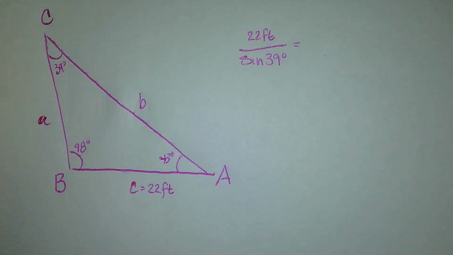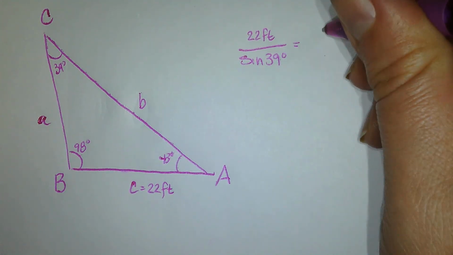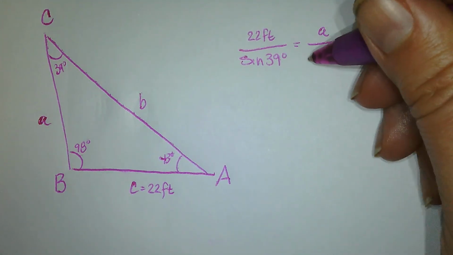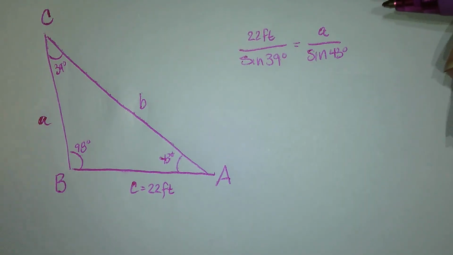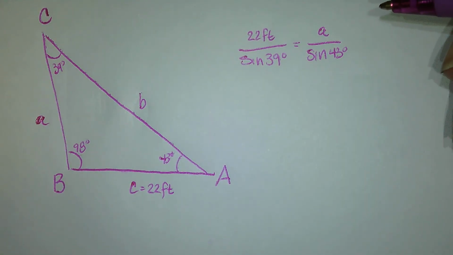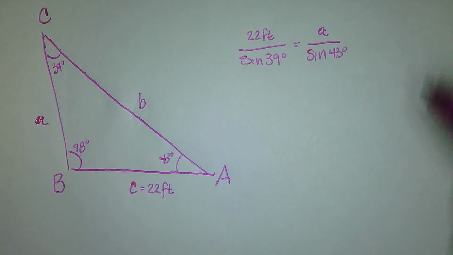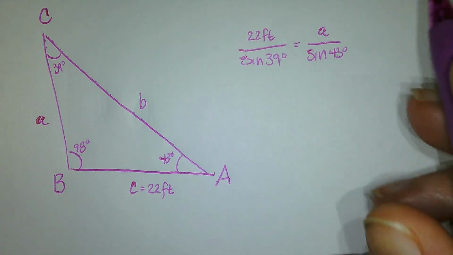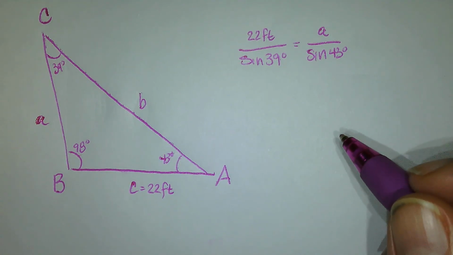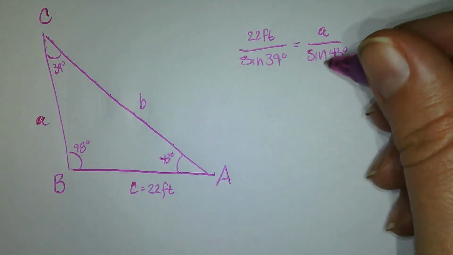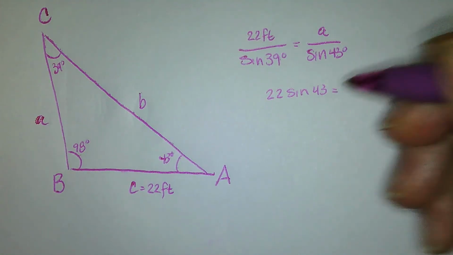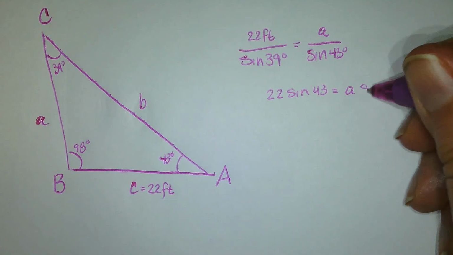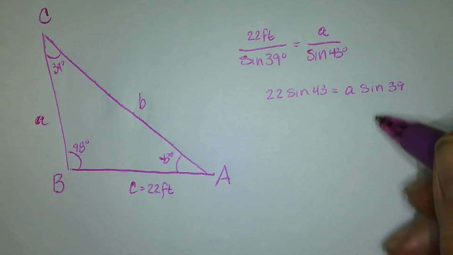Let's solve for A first. So let's do A over sine of 43 degrees. Anyhow, cross multiply and divide, and we will get 22 sine of 43 on the left, and then A sine of 39 on the right.